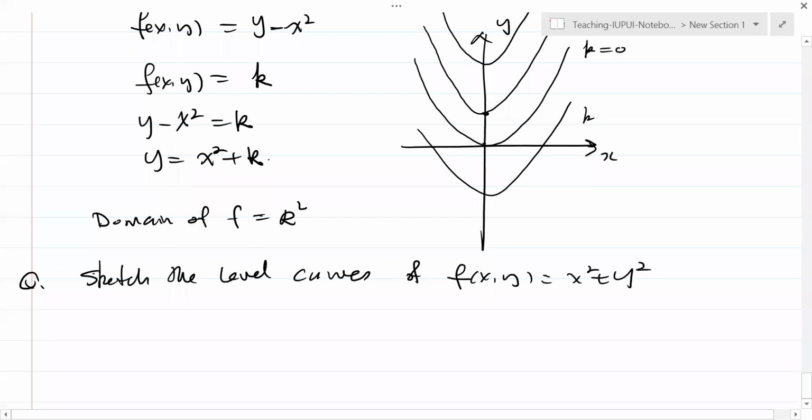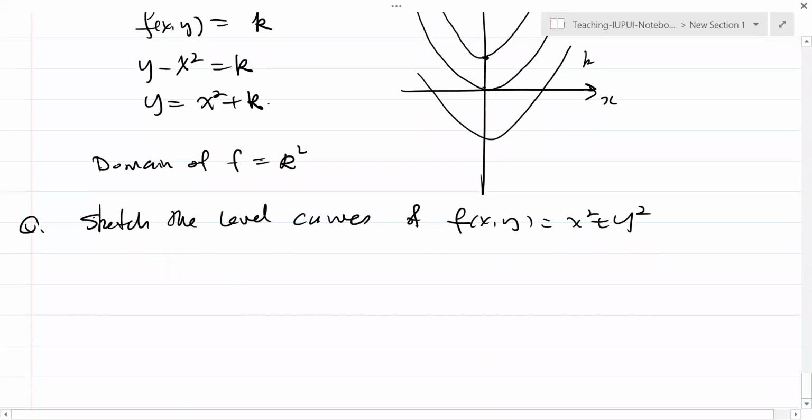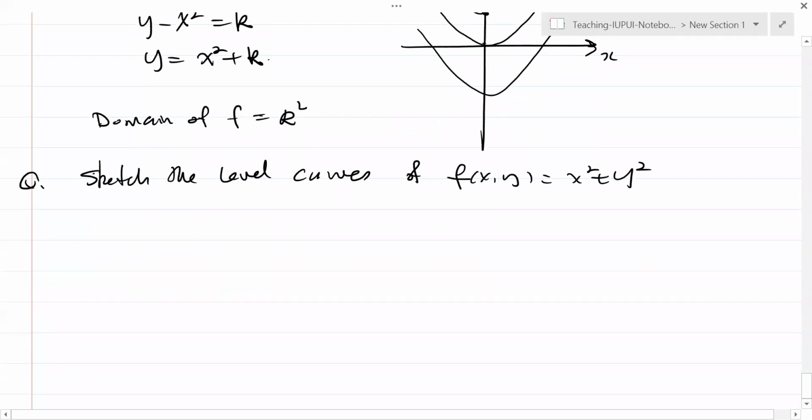It could be the square root of x squared plus y squared, but you have to draw a family of curves in the xy plane. Think about it. Let's try it. I'll give you half a minute to think about how to figure it out.